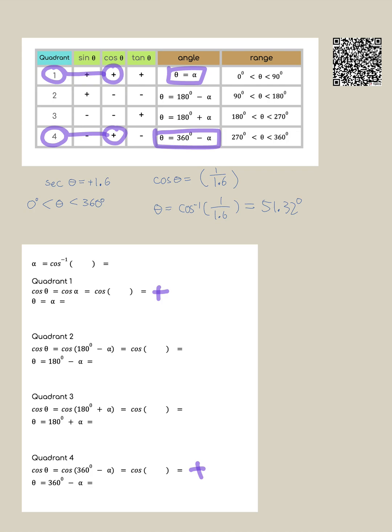Quadrant 2 and quadrant 3 will produce negative for cosine. Since the question here is positive 1 over 1.6, which is a positive number, don't use quadrant 2 and quadrant 3, so we cross them out so as not to confuse us. Very simple.